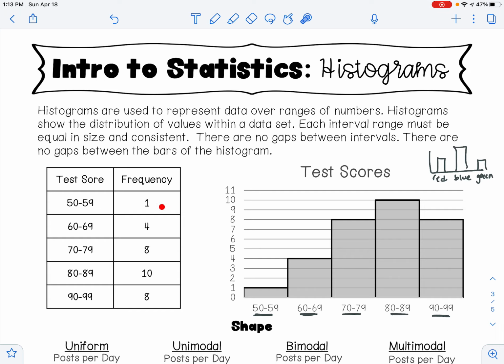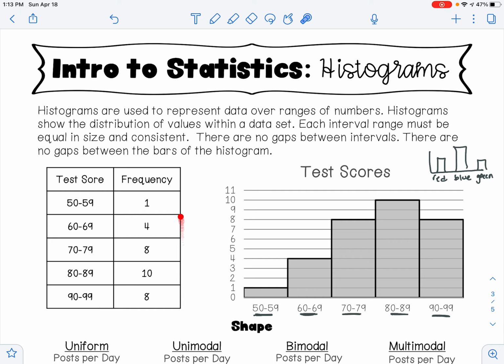The frequency is how many, like in this example, how many test scores occurred within the interval from 50 to 59. So in this case, we had 1 test score between 50 and 59, 4 test scores between 60 to 69, 8 test scores between 70 and 79, 10 test scores between 80 and 89, and 8 test scores between 90 and 99.